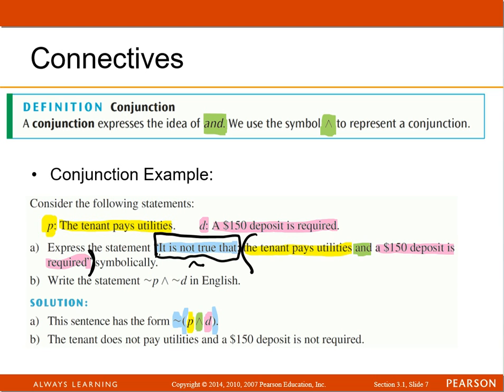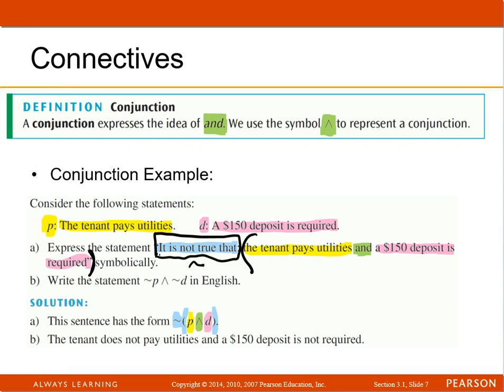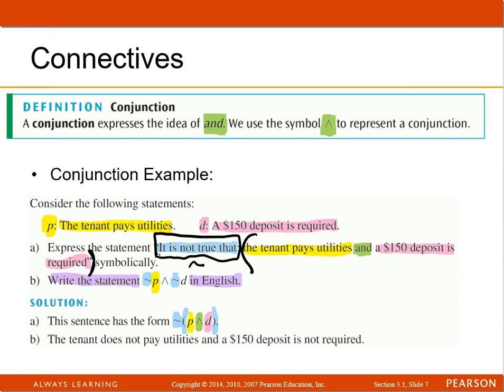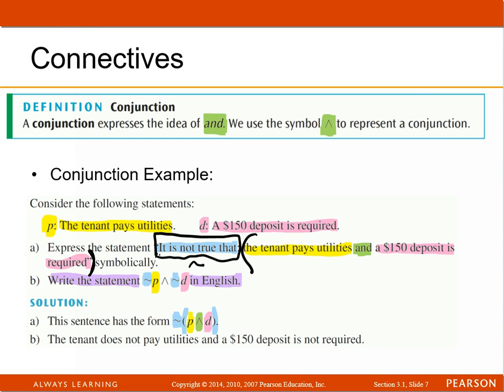And then in part B, they reverse it on you. Write the statement in English. Okay. I see a negation symbol here and a negation symbol there. I see the letter P here and the letter D there, and then there's an and in between.